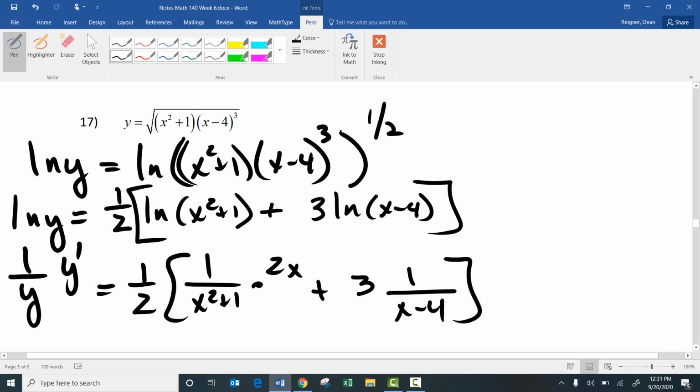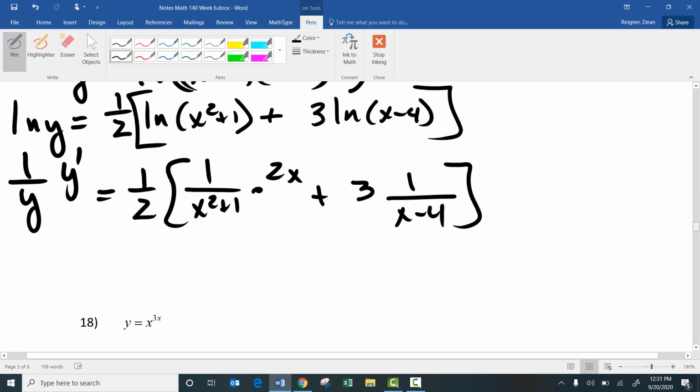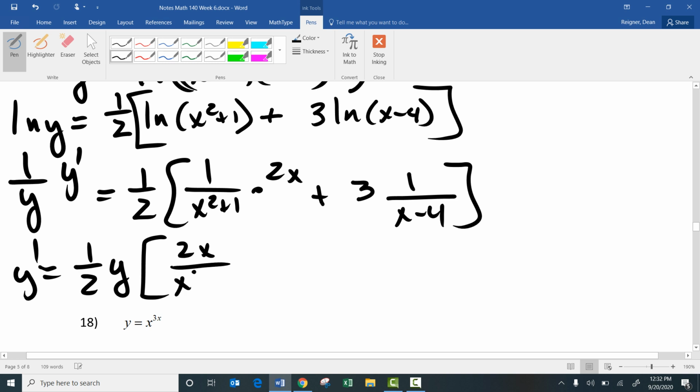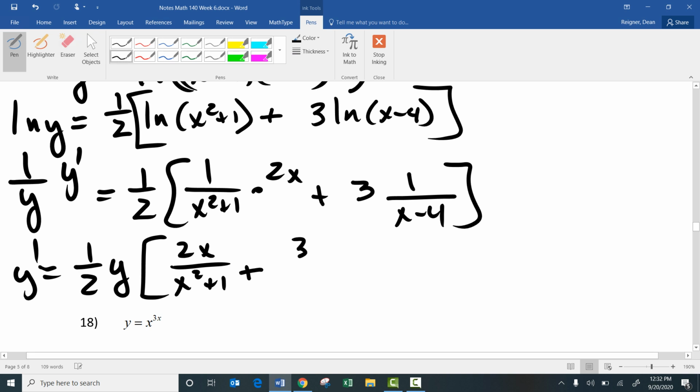So same thing that we did last time is we're going to solve for y prime because that means derivative. So y prime equals 1/2. Move the y over there, multiply both sides by y, and then we'll just kind of simplify this. So 2x over x squared plus 1. And then the same thing with the 3. Okay? So plus 3 and then x minus 4.